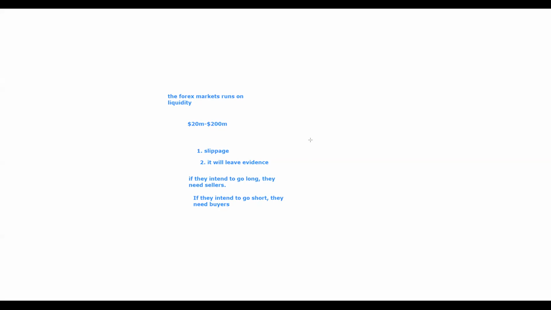Let's assume price is moving up. Let's say we have a horizontal line here. Everybody sees this line. Everybody sees that this is a support level.